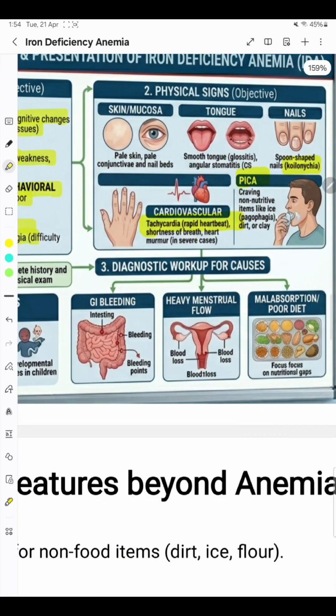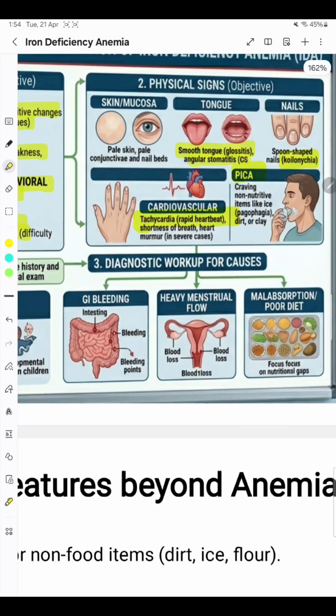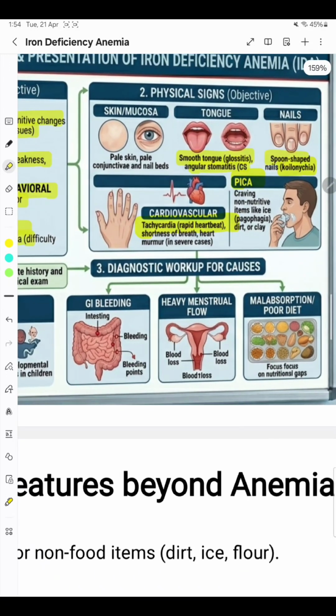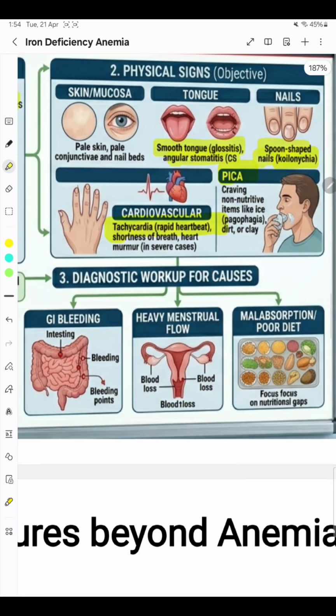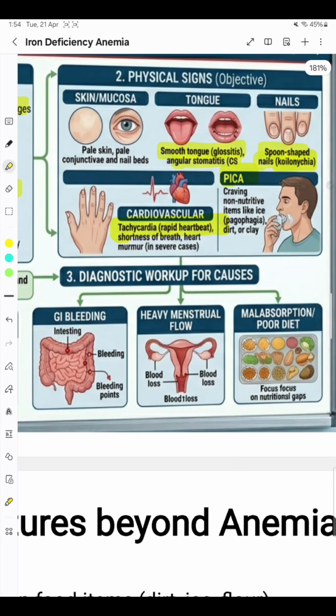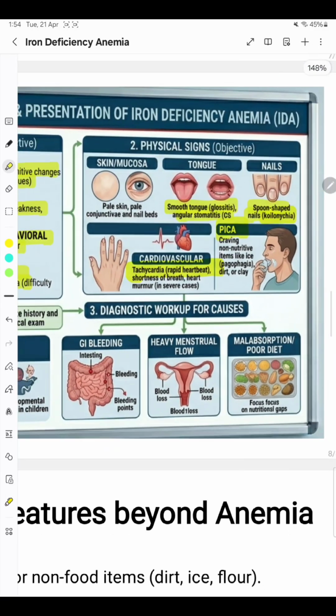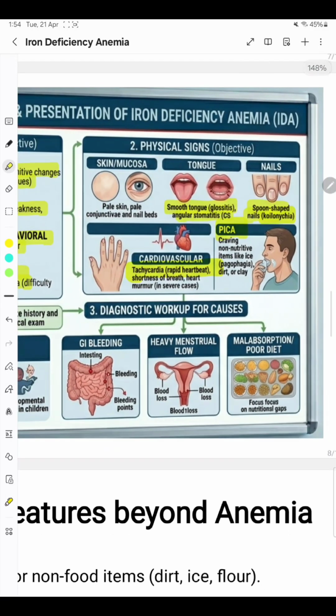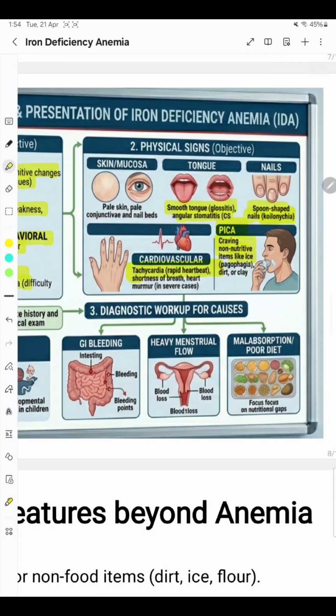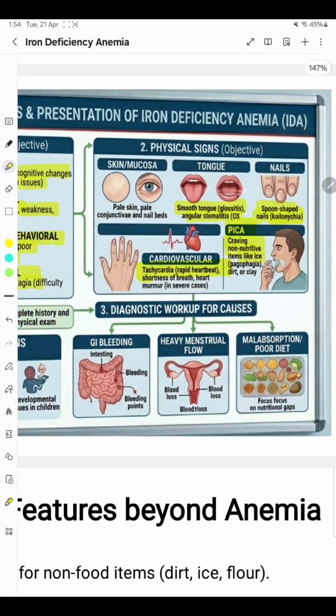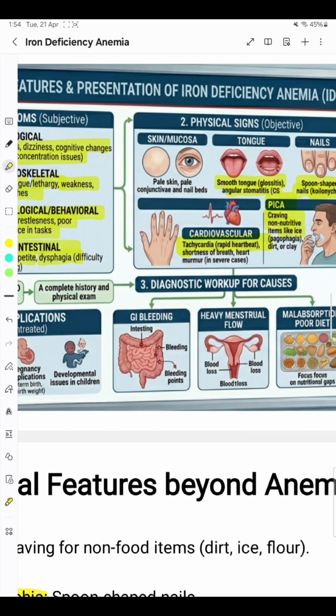On examination, there is pallor, glossitis or angular stomatitis can be seen, and a typical finding of spoon-shaped nails known as koilonychia can also be seen in severe cases, and a feature of pica, in which craving for non-nutritive items like ice, dirt and clay can be seen in the cases of iron deficiency anemia.